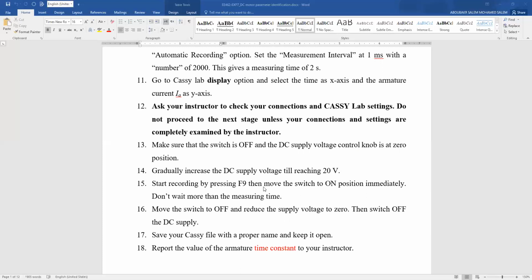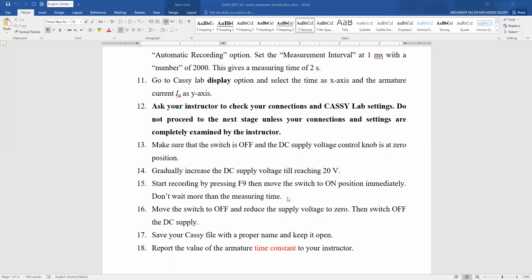Then just after pressing F9, turn on the switch immediately. Don't wait more than the measuring time. This means you have to immediately turn on the switch after pressing F9. This is because we need to capture the current waveform during a period of 2 seconds.